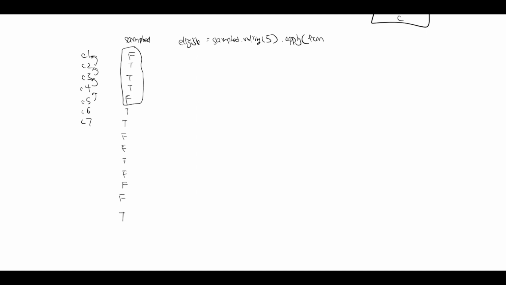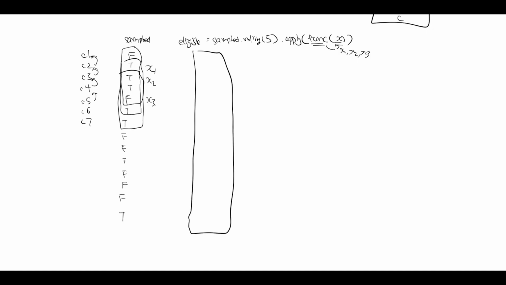So we do something like func(x). This x just creates these sliding rows like this. This will be the first window, then this will be the second, then this will be the third, and we'll keep applying this function to x1, then x2, and x3, and so on. And we'll create a new series.